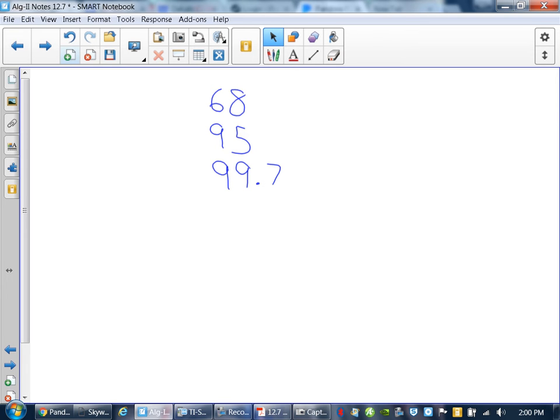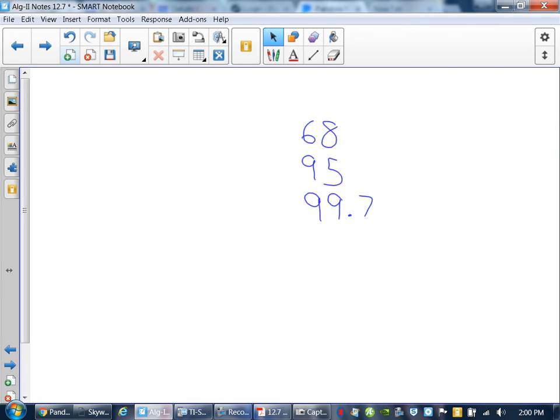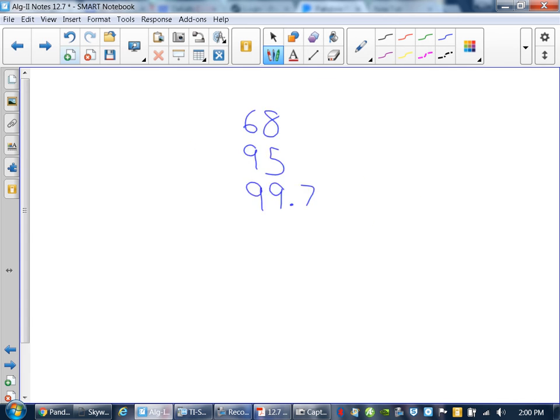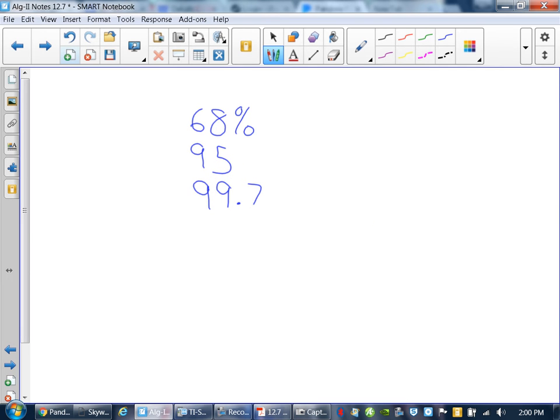What happens here is 68% of all data is within plus or minus 1 standard deviation. 95% of all data, if this is normed, is within plus or minus 2 standard deviations. And then this is plus or minus 3 standard deviations.